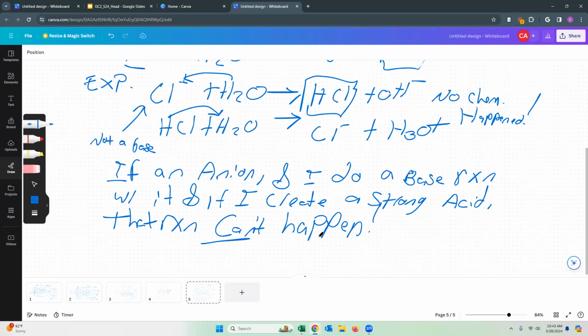So if I have an anion and I react it with water to act like it's a base, and I create a strong acid, which in this case is HCl, that reaction that I just wrote down can't actually work.